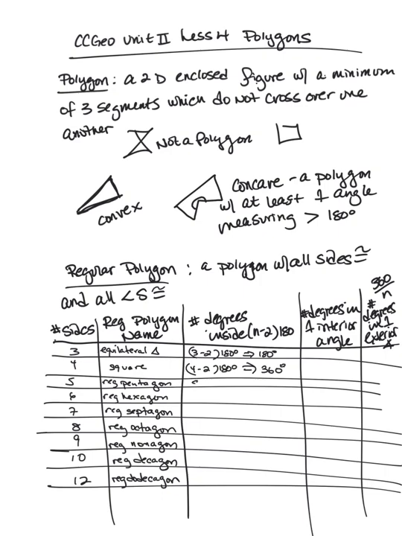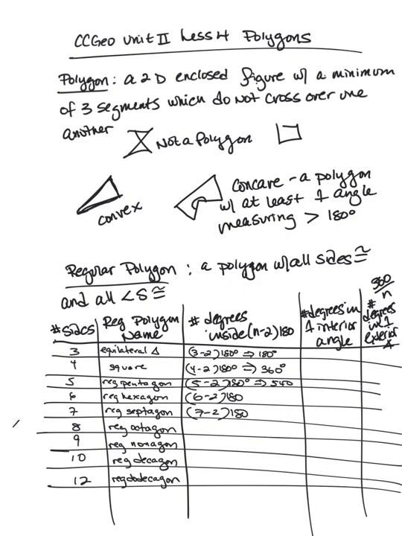A regular pentagon, 5 minus 2 times 180, 540 degrees. Okay, so you get the idea. 6 minus 2 times 180, 7 minus 2 times 180. And this is the number of triangles, unique triangles that you can make that don't cross over one another.